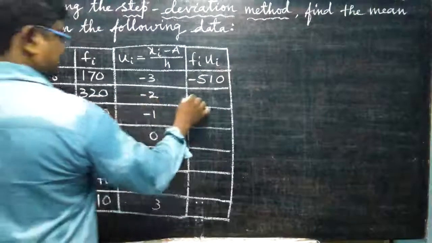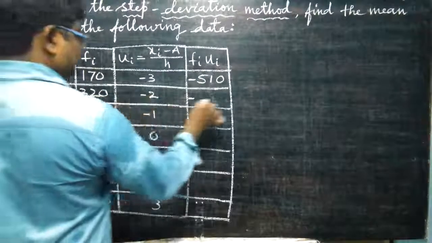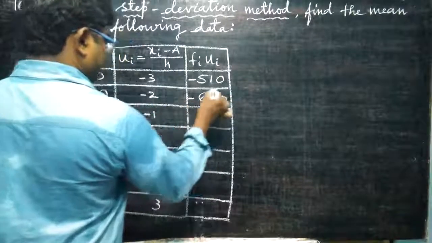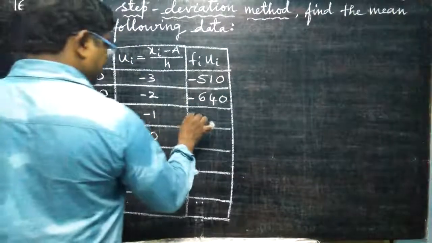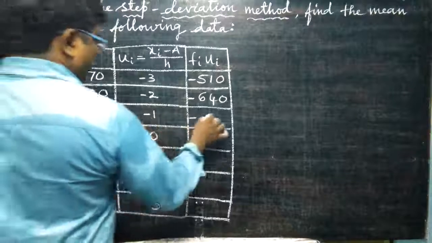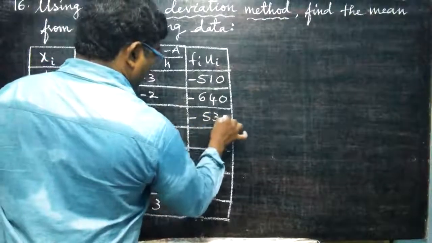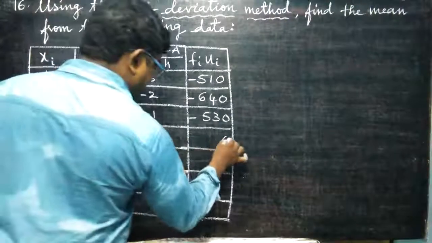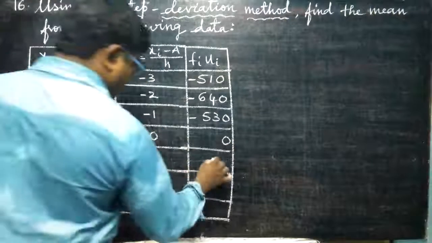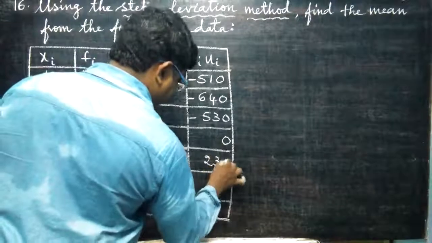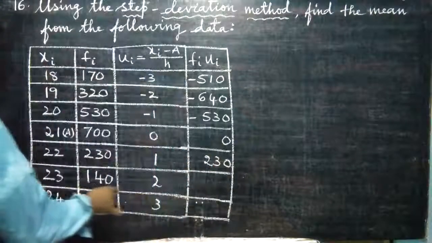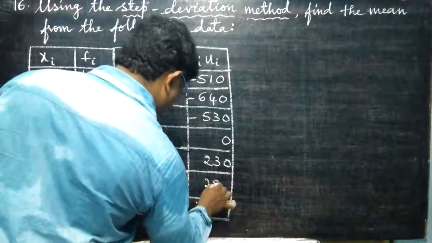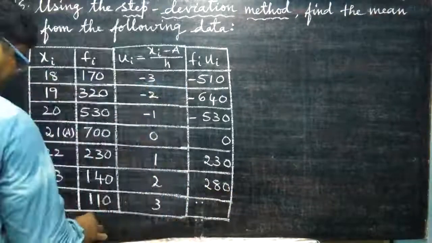Next plus into minus, minus. 2 zeros are 0. 32 twos are 64. Next plus into minus, minus. One table everybody knows. 530 into 1, 530. 0 into anything is 0. Plus into plus, plus 230. Next plus into plus, plus 280.